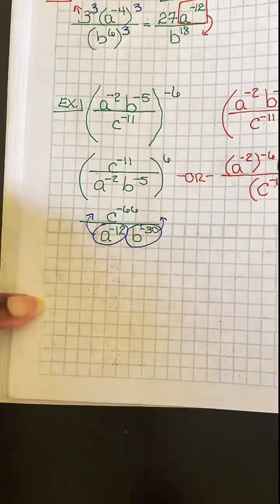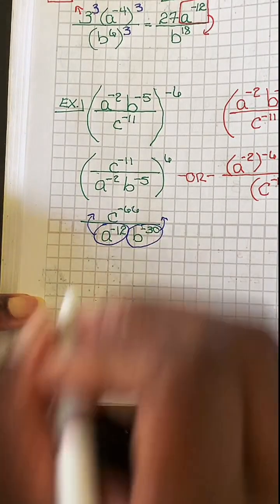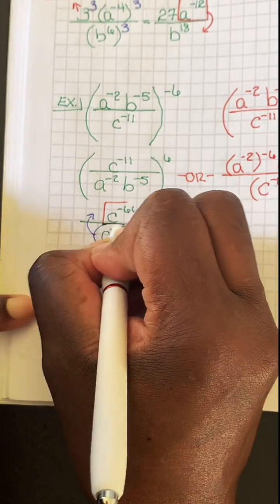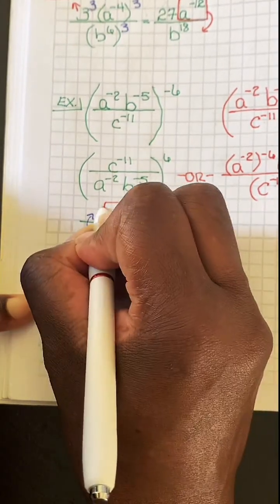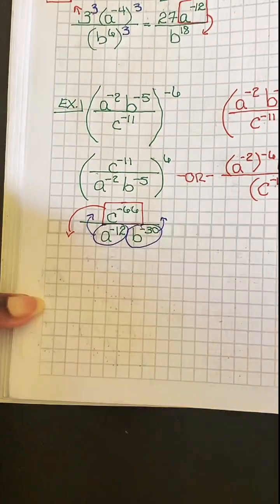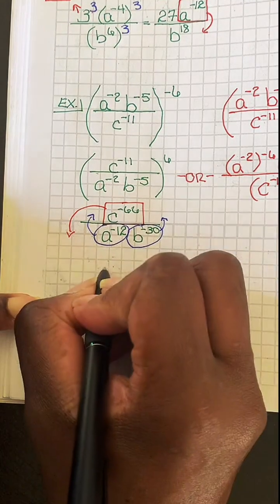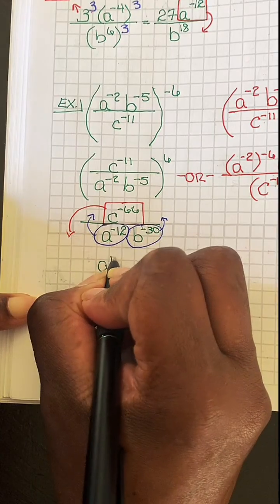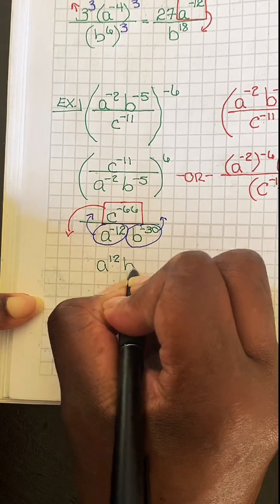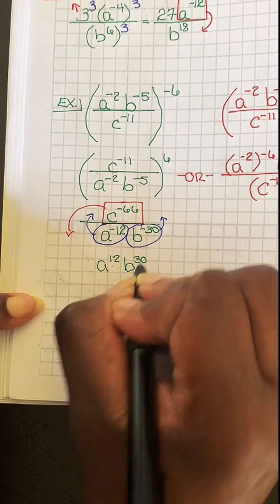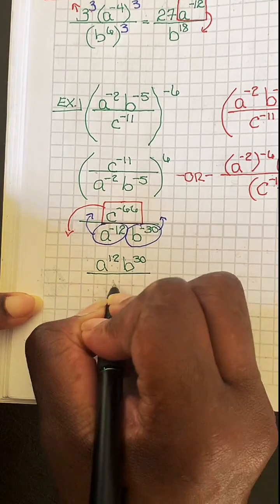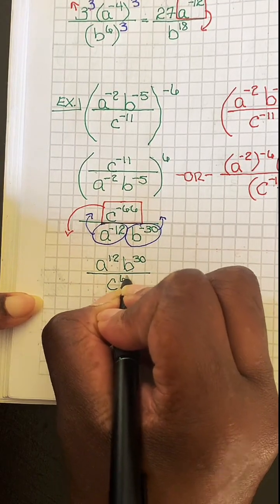And this C to the negative 66, that's going to go down. Okay, so we're going to have to do that flipping. So that will give us A to the 12th, B to the 30th, over C to the 66.